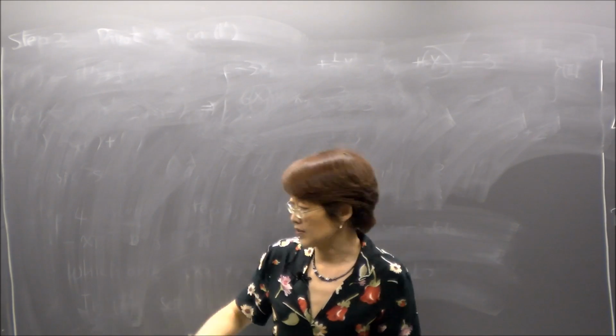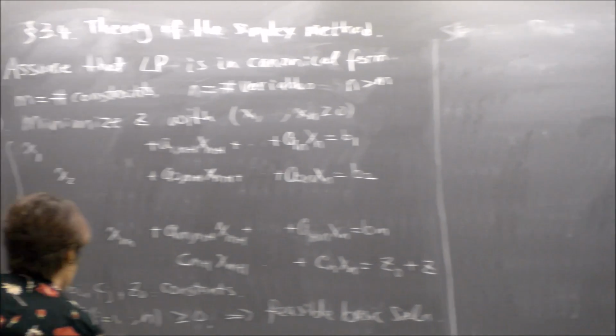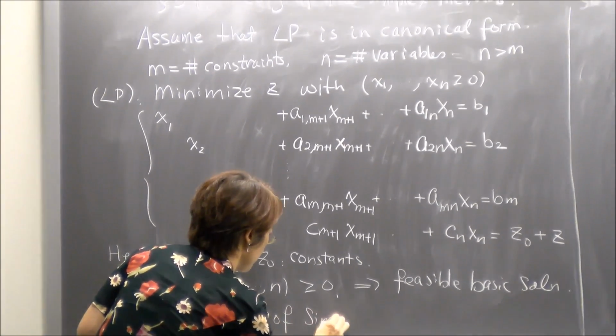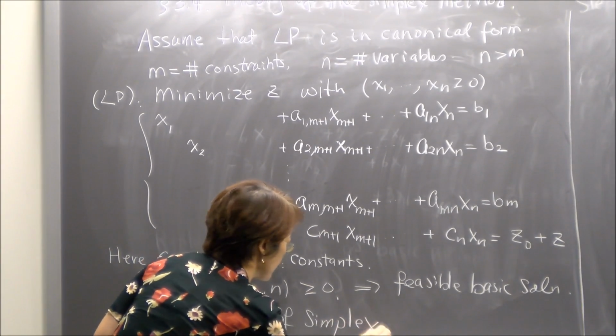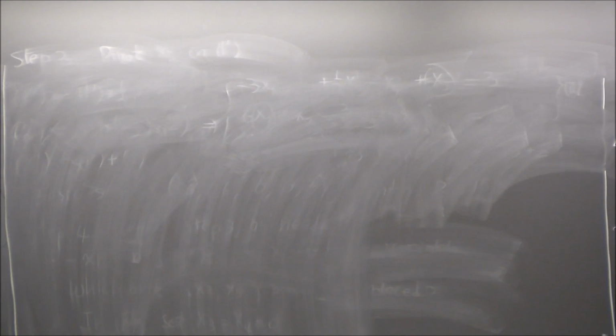So that's the starting point of simplex. Like on that graph there, the first vertex corner I found already, and then I can start my searching for the minimum along the edges.